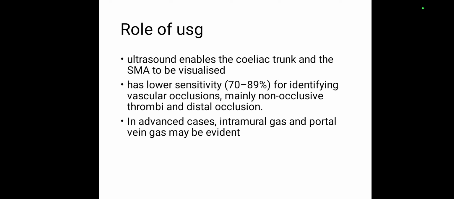But at the same time, there are some limitations. If there is occlusion in the proximal segment of the superior mesenteric artery, then we can identify. But if there is occlusion in the distal segments, or if it is a non-occlusive cause, then in such cases there are limitations of ultrasound.